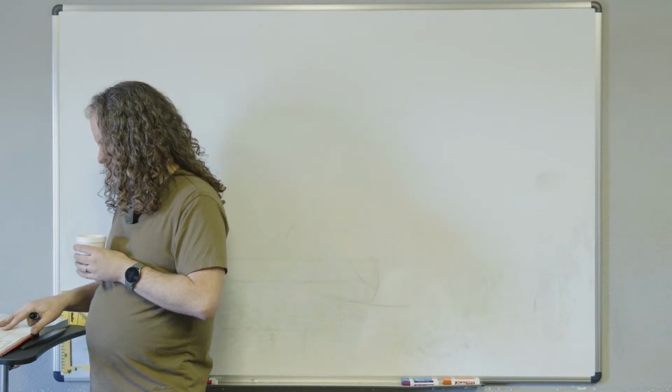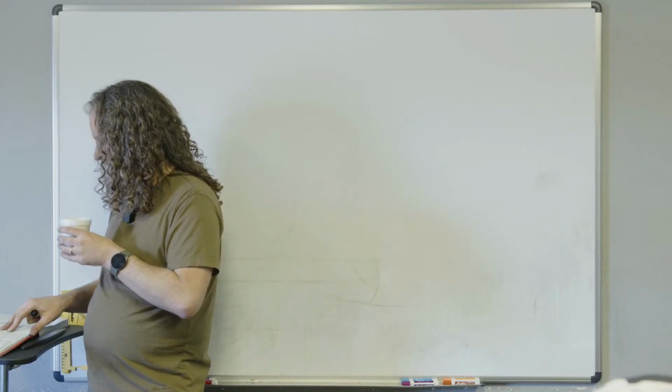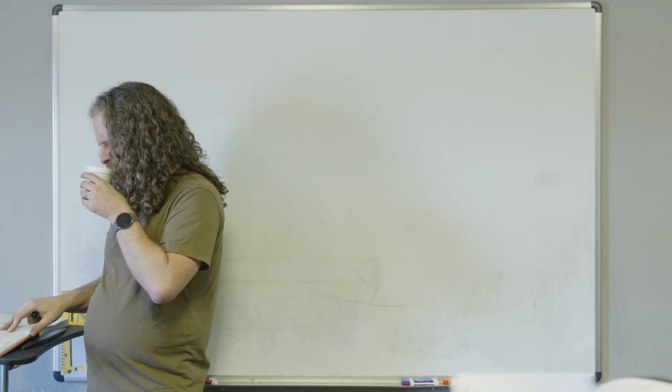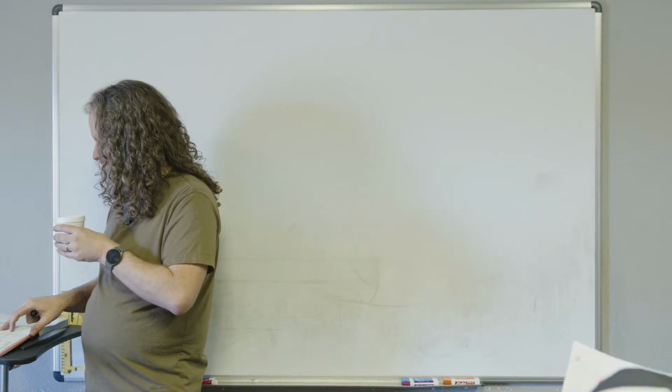I didn't plan that. What did we do? 18 through 56? 18 to 58. Okay.